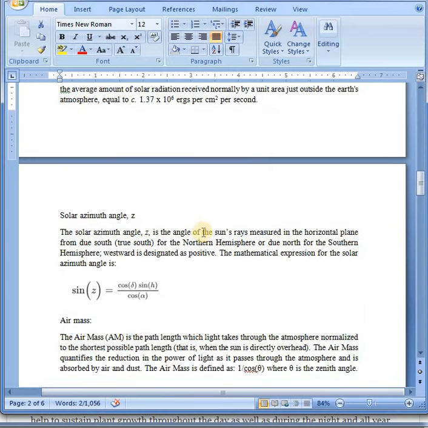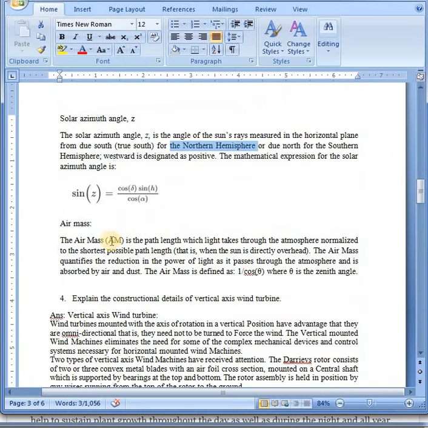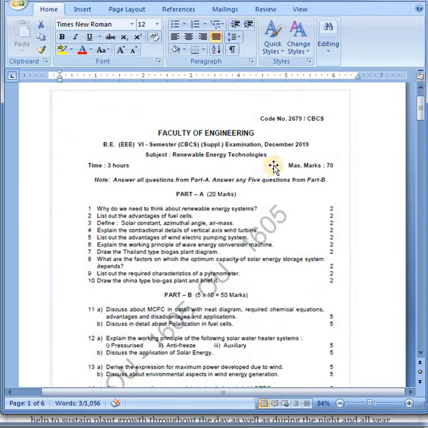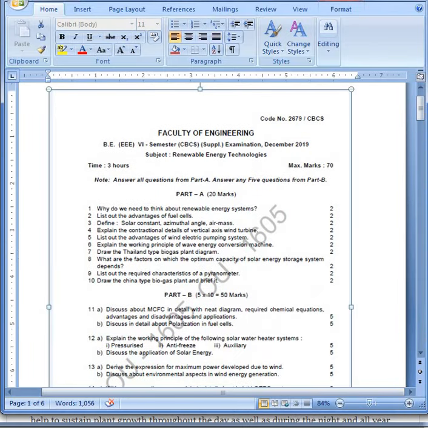Solar azimuthal angle is the angle between the sun rays and the horizontal plane, and air mass is the path which light takes through the atmosphere normalized to the shortest possible path, which is 1 by cos theta. This is from the recent question paper of December 2019.